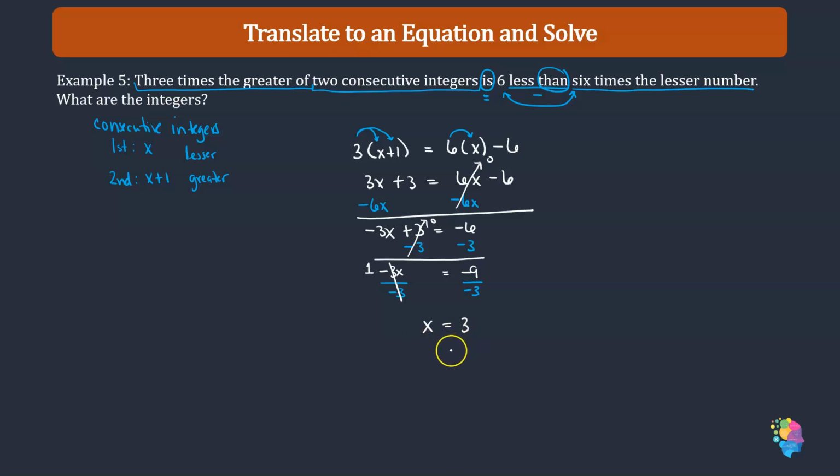We have to go check exactly what they want us to find. And in this example, they want the integers. They want both numbers. So if x is 3, how much is x plus 1? Help me out. Then that means that the integers are, well, the 3 that we got, and then 3 plus 1 will be 4.